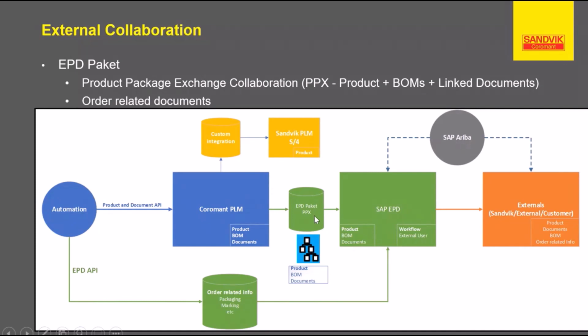You choose the material, and then you come here. Once you are here, you already have the product, the BOM, then documents, and then you can use a standard workflow or work item in EPD, and assign this to an external. So this is one phase.